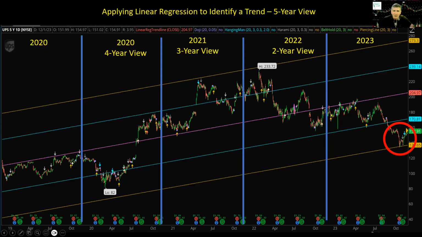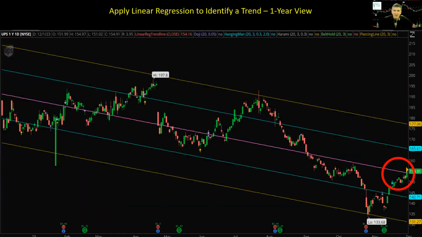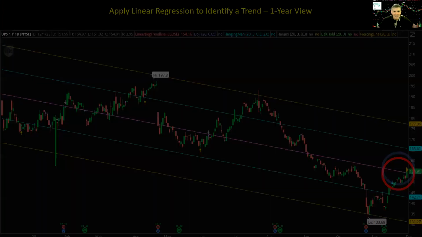Now, remember, we're talking about halfway between the 50 and the 100 channel line. Now, the price is exactly on the mean, on the linear regression line. And not only that, but check that trend. That trend is as down as it gets.